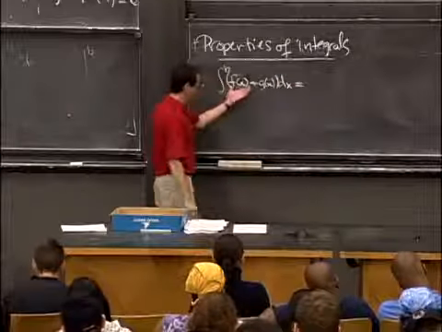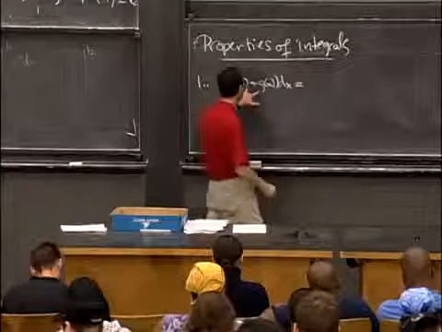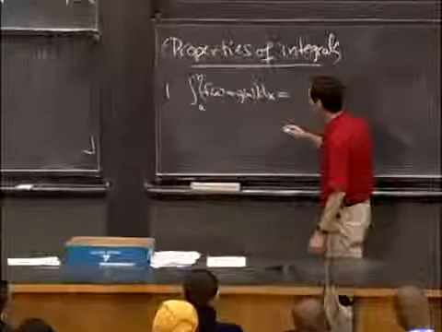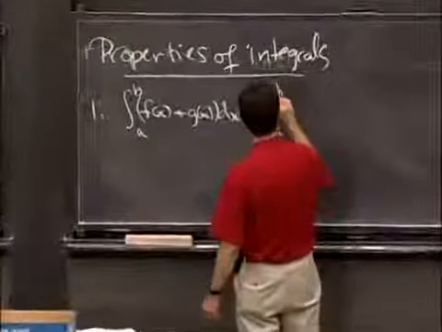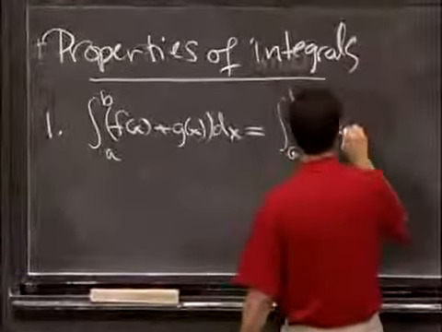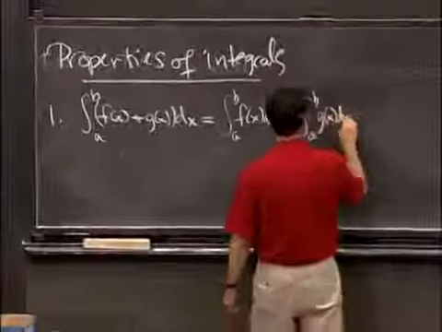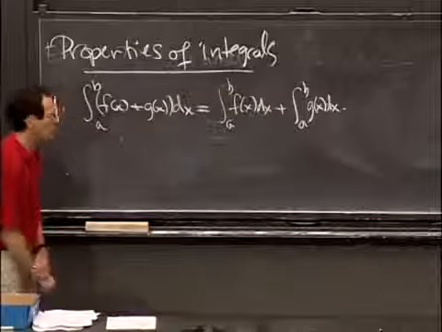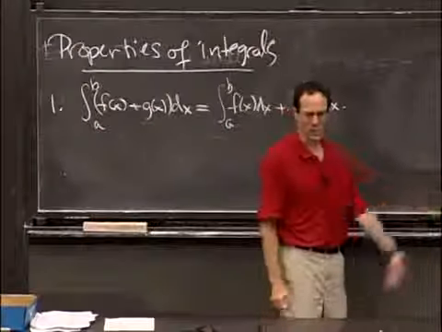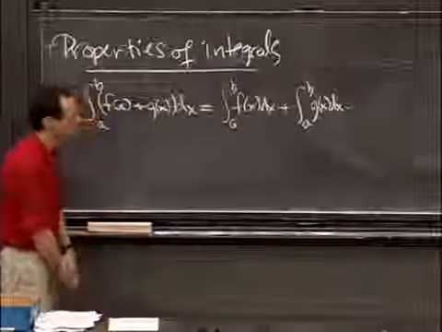If you take the cumulative integral of a sum, you're just going to get the sum of the separate integrals here. And I won't say much about that. That's because sums come out, because the integral is a sum.